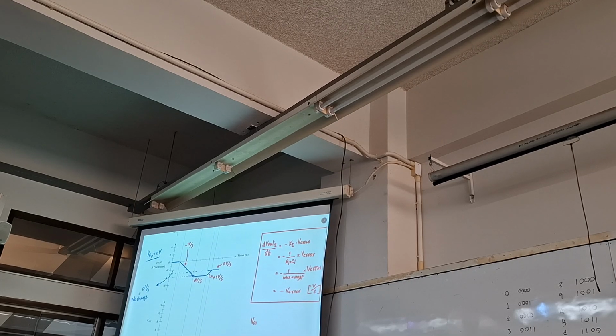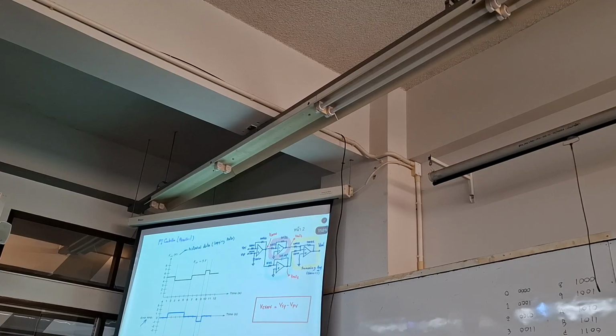V out of controller is equal to minus. Why is it minus? Because both input voltages of the summing amplifier are at the inverting pin, so the output is inverted from the Vin.